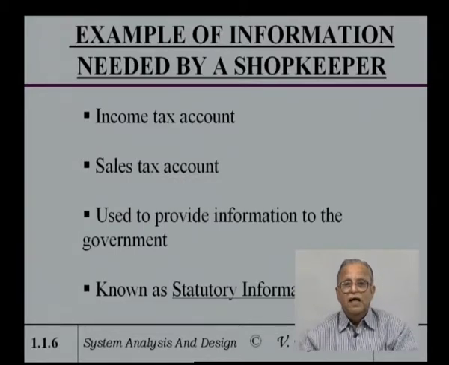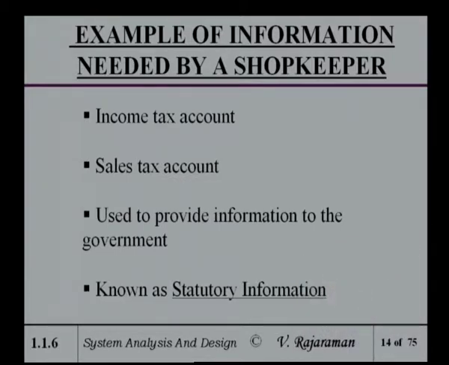Lastly, every organization, including a shopkeeper, has to conform to some statutory requirements. This is called statutory information. What is meant by statutory requirements is requirements which are imposed by the government. It may be the state government or the central government. Every shop is supposed to have a sales tax registration number, which they normally put on top of their cash bills and so on.